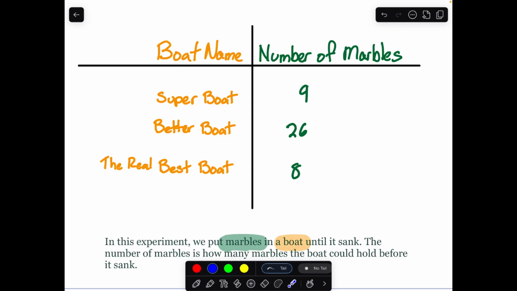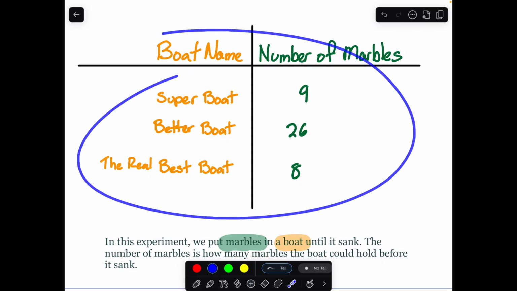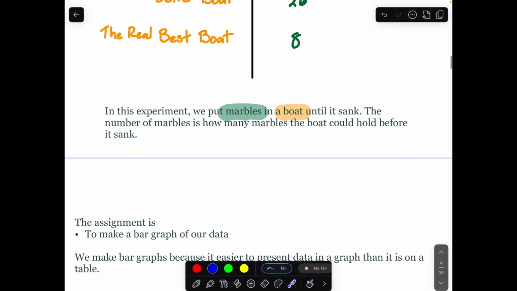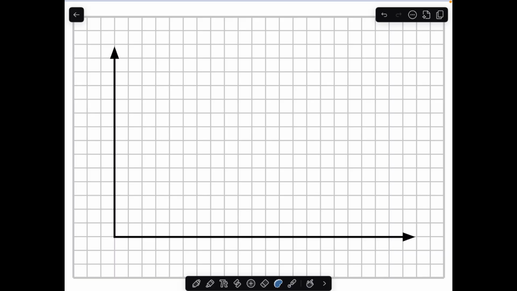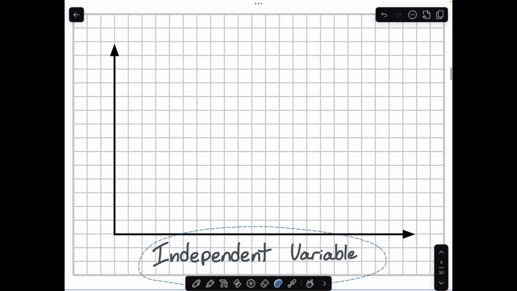We are going to put all of these things on our graph. First, I'm going to talk about generally where things go on a graph, and then I will show how these things will go on the graph that we're going to make. The independent variable goes here.